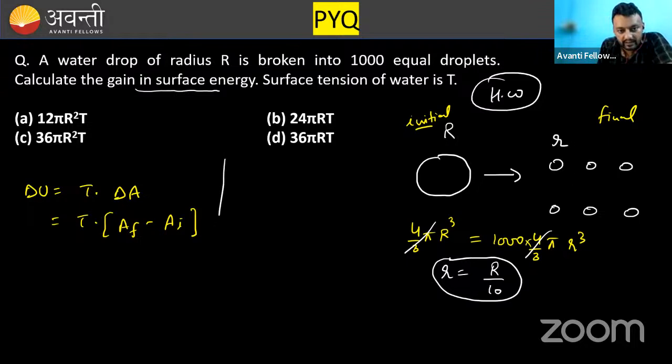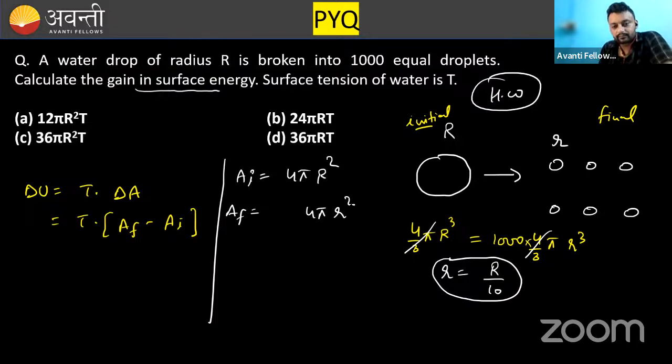Now I am going to calculate initial area and final area. Initial area: this is a spherical drop, area is 4 pi R square, where R is the radius. Final area: 4 pi small r square.